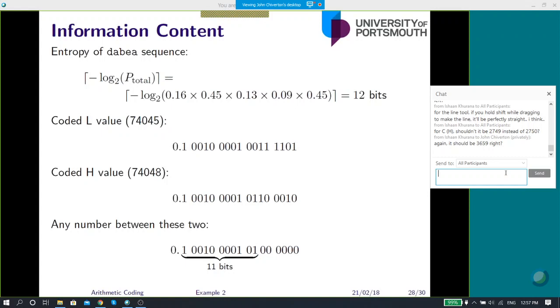So in terms of the number 74045, you can have bits associated with that. So any numbers between those two would basically need to be coded in that example with 11 bits.